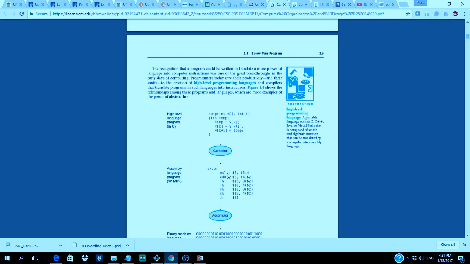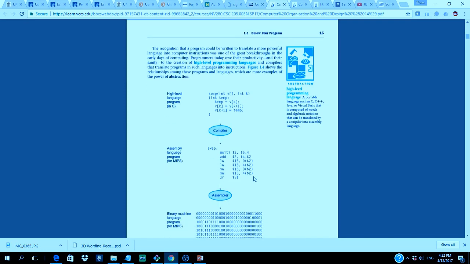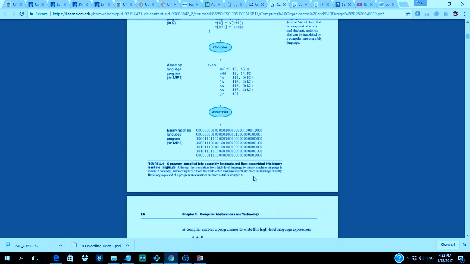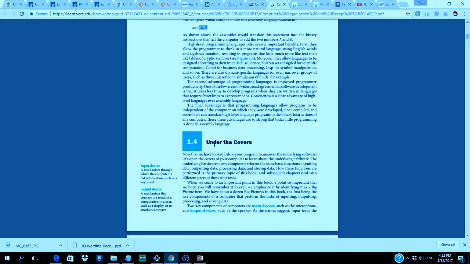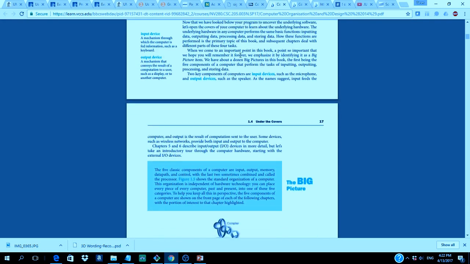Add, like in MARIE you have just one operand. Here, add 2, 4, 2. It's pretty much add register. Add can be just two operands, to add A to B, not like MARIE. This is MIPS.